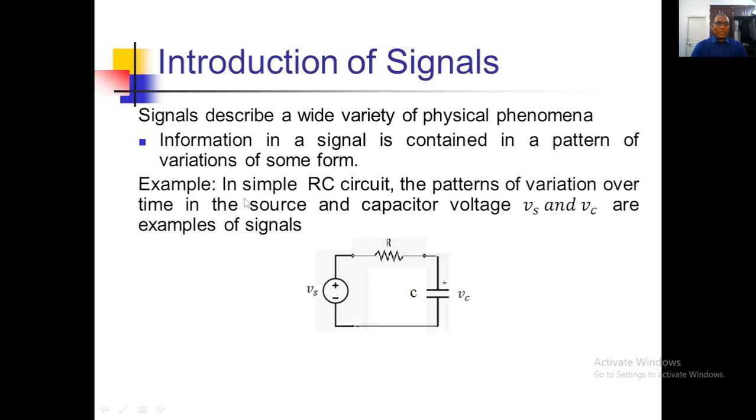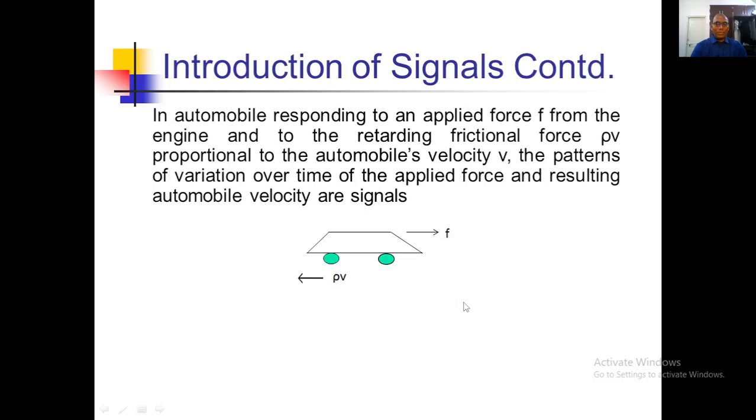For example, in a simple RC circuit, the pattern of variation over time in the source and capacitor voltages Vs and Vc are examples of signals. See here in this circuit, the variation in the voltage of the source Vs and the variation in the voltage of the capacitor Vc are examples of signals.